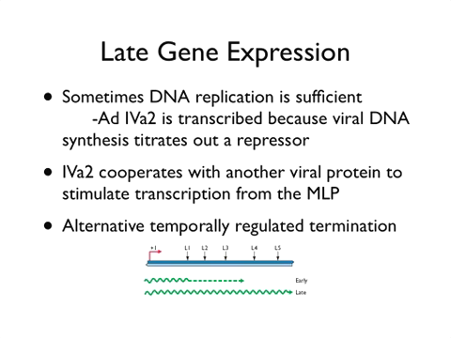But with adenovirus, we do know that when this gene product is transcribed, what happens is you increase viral DNA synthesis, and this titrates out a cell repressor. 4A then cooperates with another viral protein to stimulate transcription from the major late promoter. And what you do is you get temporally regulated expression and termination of transcripts at different times.